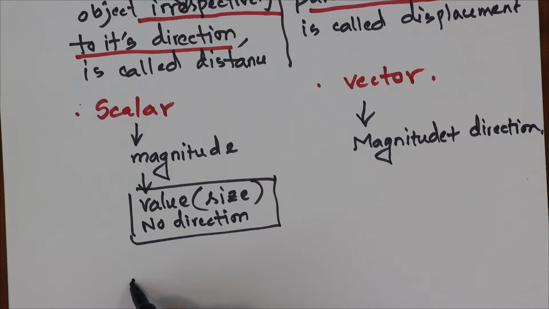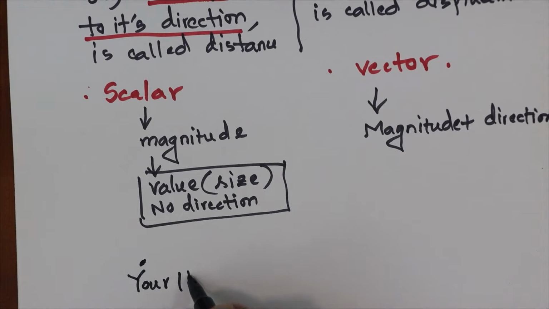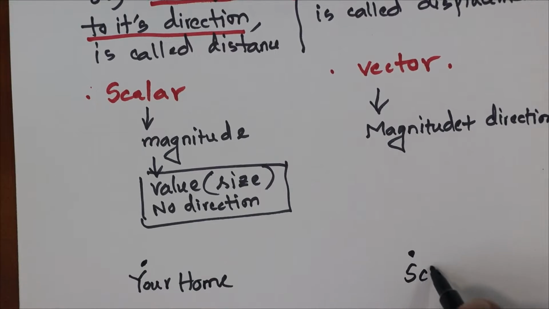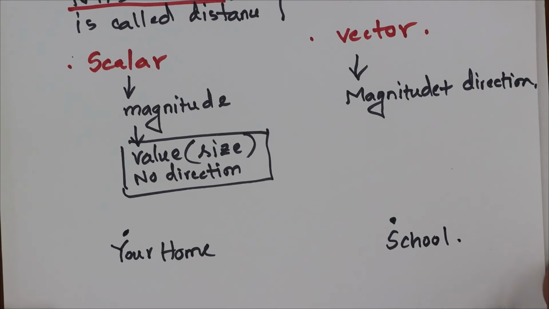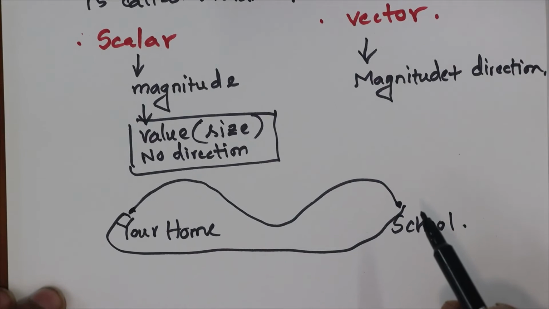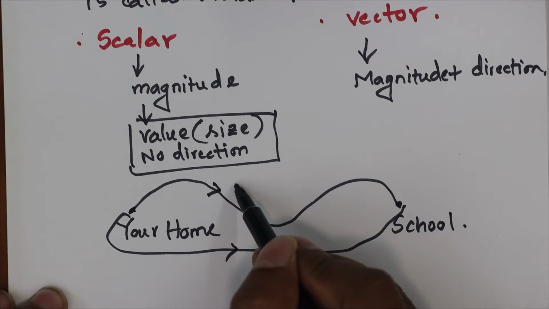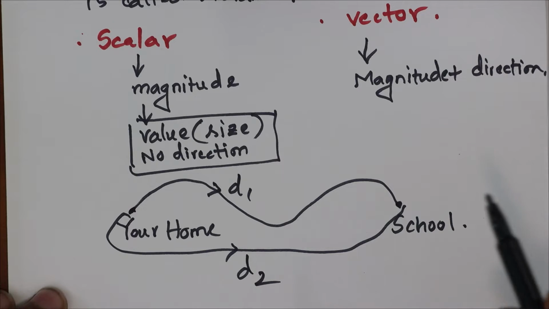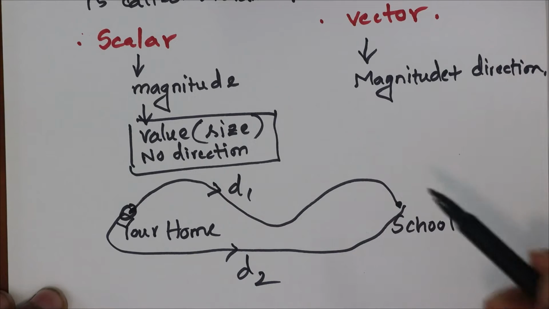Say this is your home. This is your school. You can go to your school by following different paths. These two paths, say path D1 and D2, are distance, because it is the total path covered by an object irrespective of its direction.